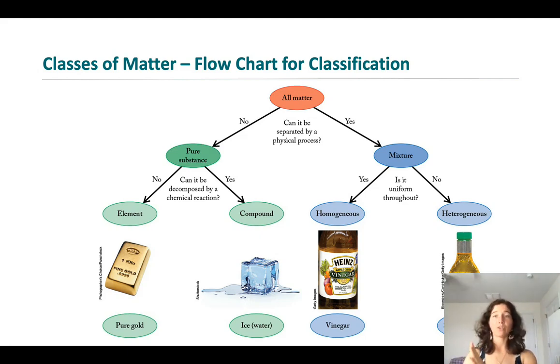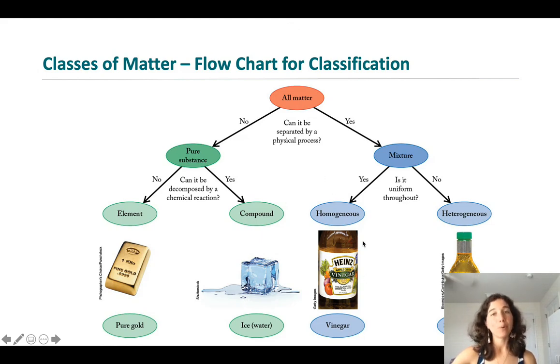Now, on the other hand, our mixtures are a mixture of different types of compounds or different types of elements, different types of substances. We've got our homogeneous and our heterogeneous. Homogeneous is something that looks uniform throughout, and you can't really tell it's a mixture by visually looking at it. That's usually a sign it's homogeneous. Heterogeneous is the other way around, if you can't determine that it's uniform throughout.